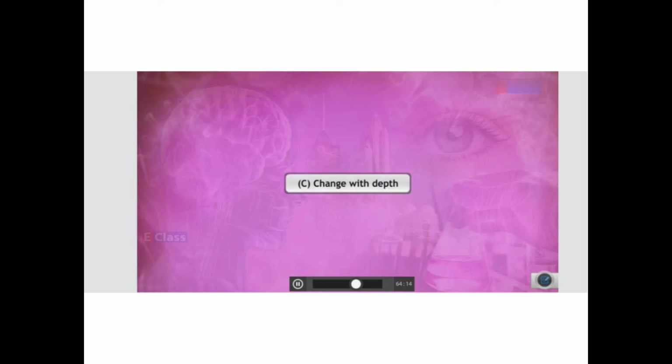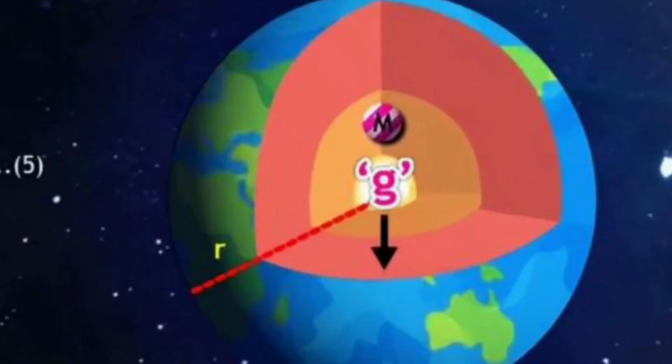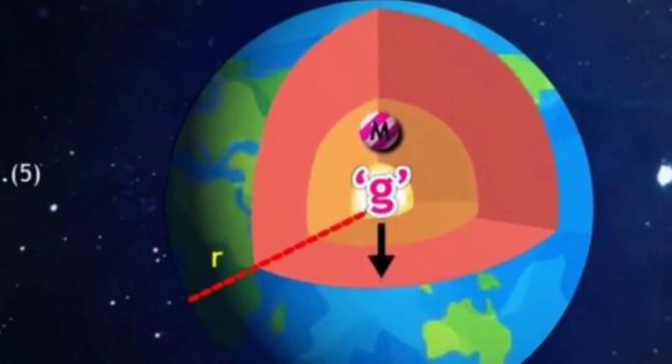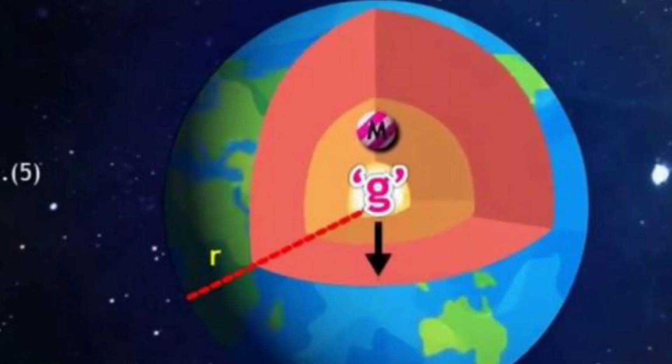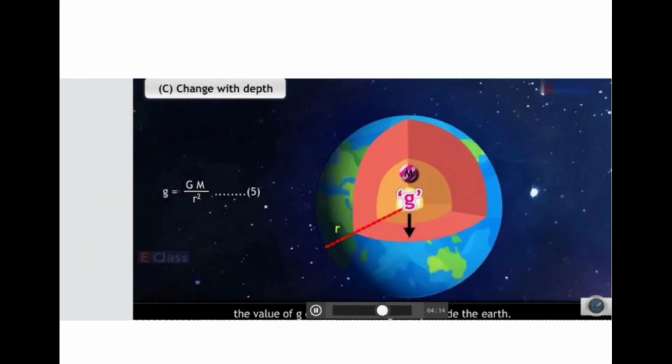Now we have seen in the first case when the object is on earth. Second, space, where the object is very far from the earth, in the atmosphere. Now we will see the things which are inside. So inside of the earth we are going to see, right. So the value of g changes if we go to the inside of the earth, right. Now again we are going to take the same equation, and which is that equation? g is equal to, sorry, we have this equation, g is equal to capital G m upon r square, right.